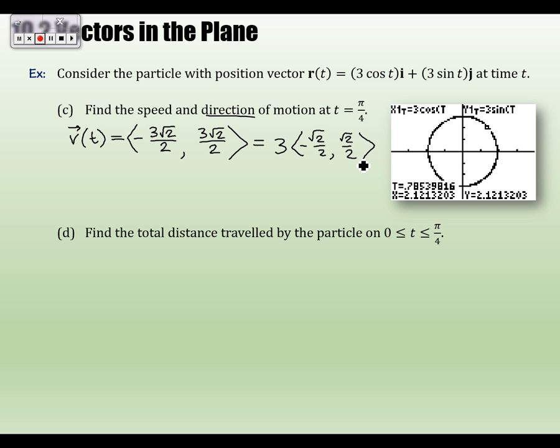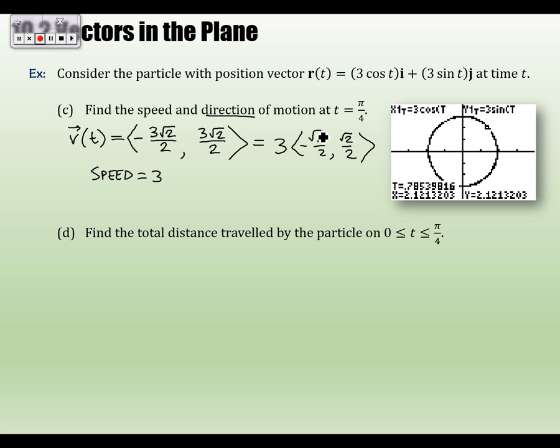And that almost right there, we're almost done with the question, aren't we? What's the speed? Speed is the magnitude of this vector. We didn't use the magnitude formula, but it's pretty clear to me that the magnitude of this vector inside here is 1, because those are values of cosine and sine that I know.